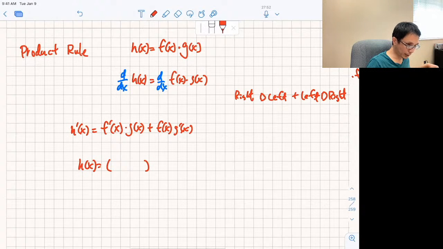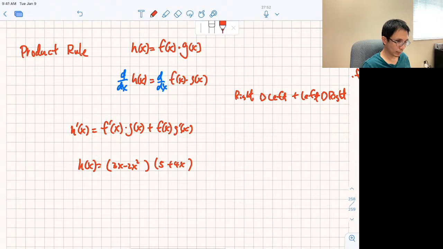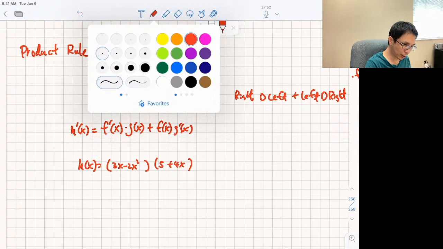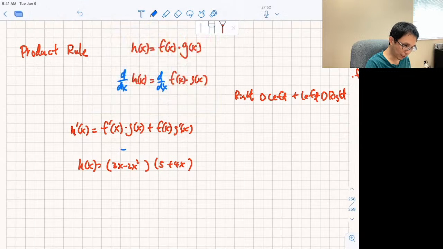The first parenthesis is 3x minus 2x squared, and then we have 5 plus 4x. We call this function f of x, and this is g of x. So we have two functions.